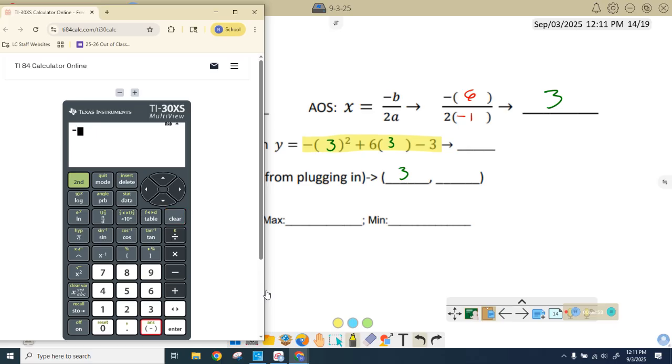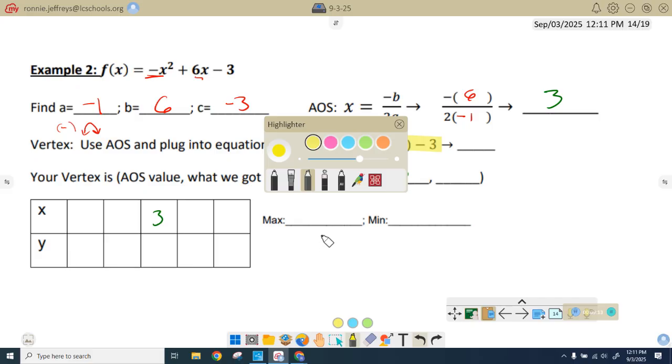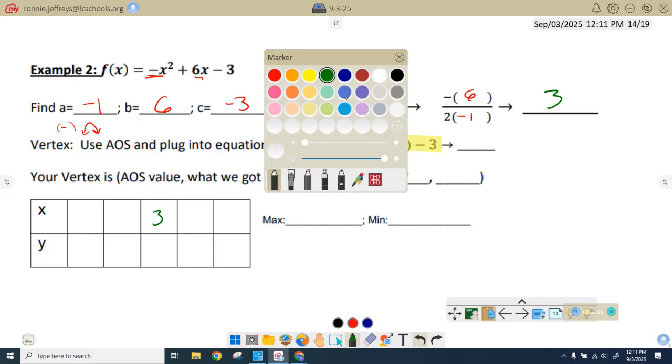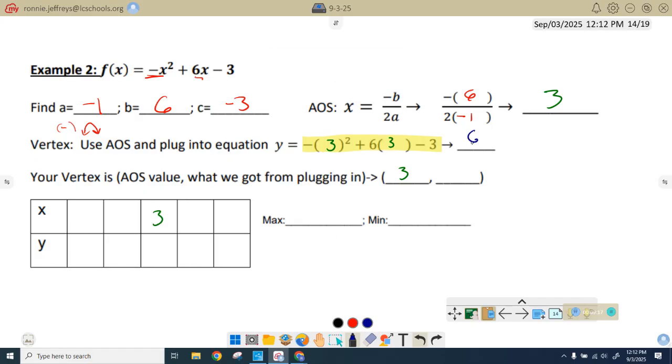So, negative parenthesis 3 squared plus 6 parenthesis 3 minus 3. So our y is 6. All right, I can go ahead and fill this part out. The max is going to be our vertex, and our min is negative infinity.